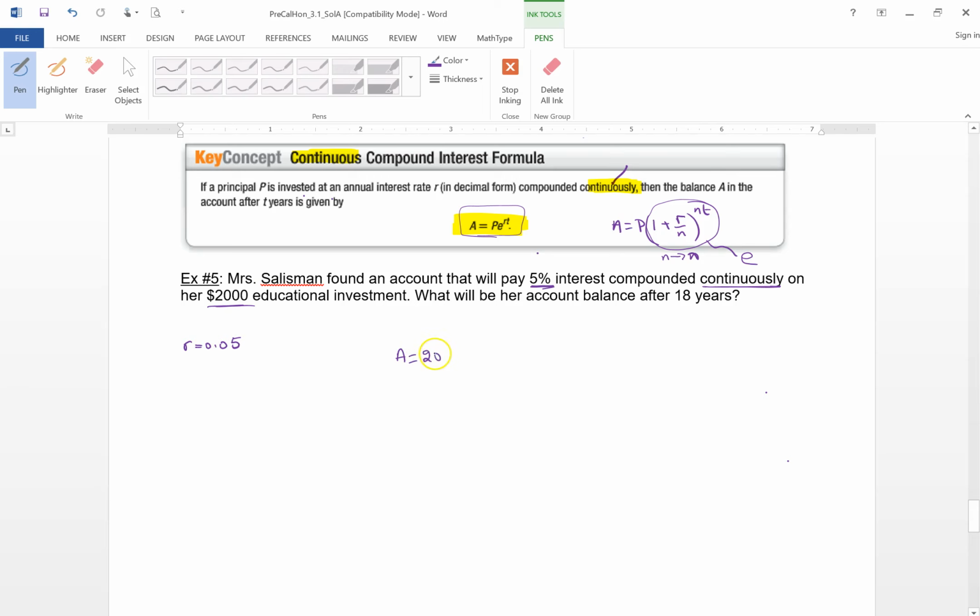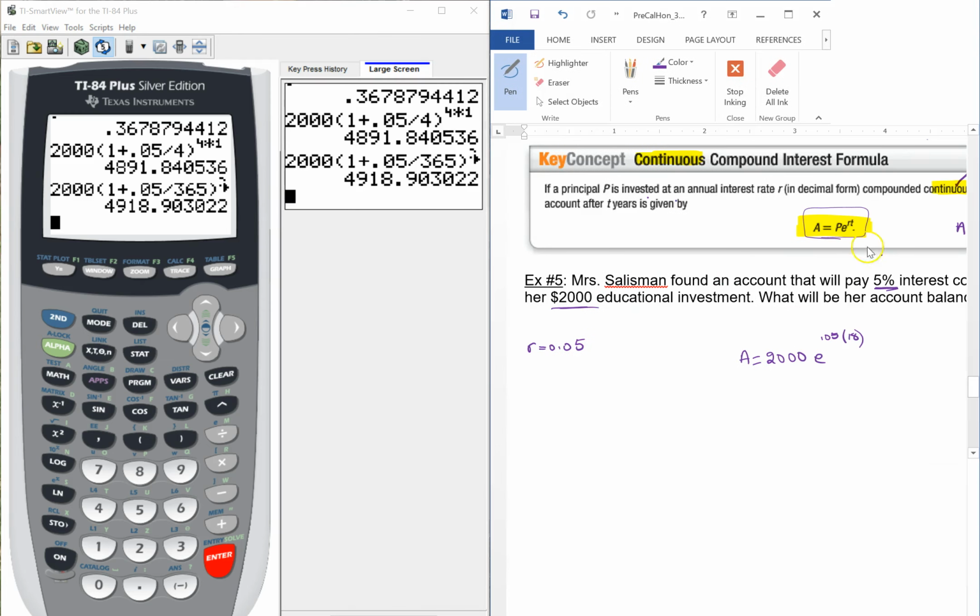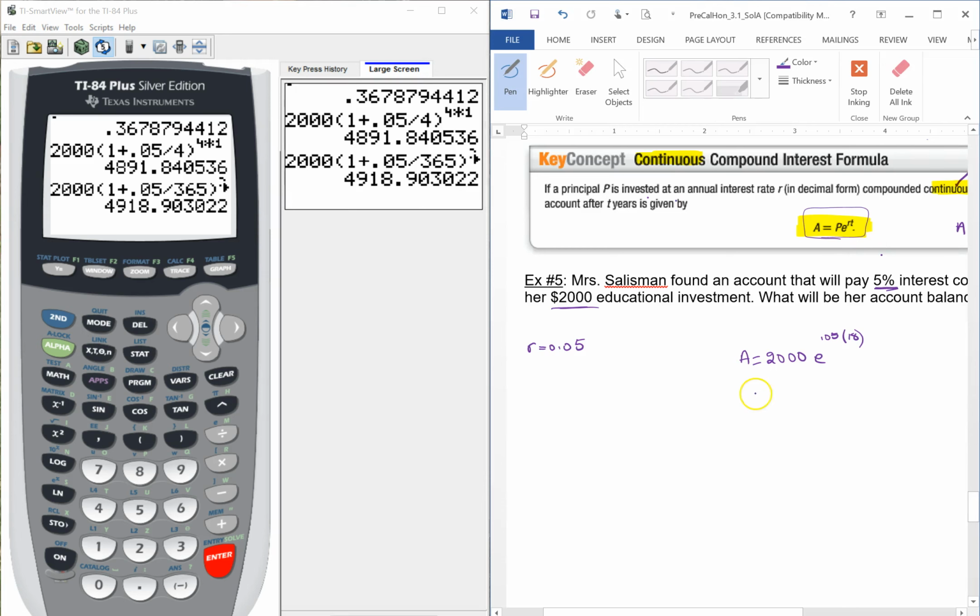So A is 2,000 e to the power of 0.05 times 18. How much is that? It is 4,919.21. So she's made 31 cents.